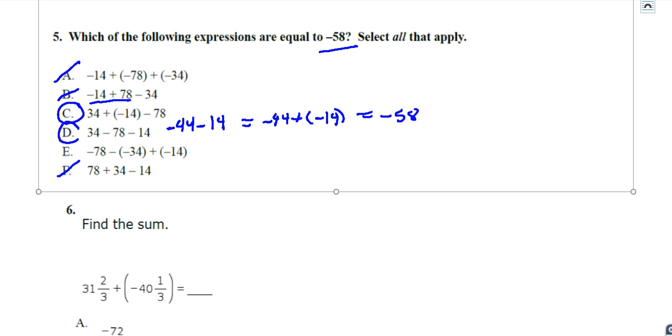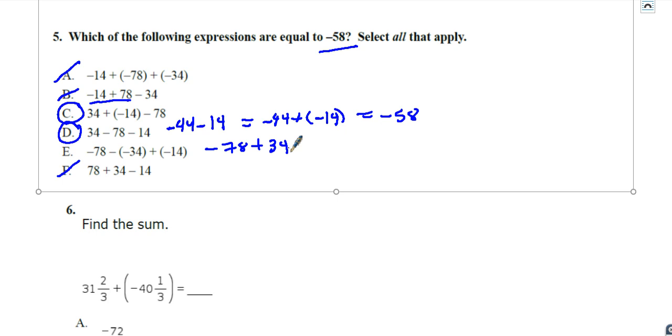So that one works. For E, negative 78 minus negative 34 plus negative 14. I would probably have to do some more scratch work. So negative 78 plus, if I subtract the negative, it becomes plus 34. Now I have negative 78 plus 34.